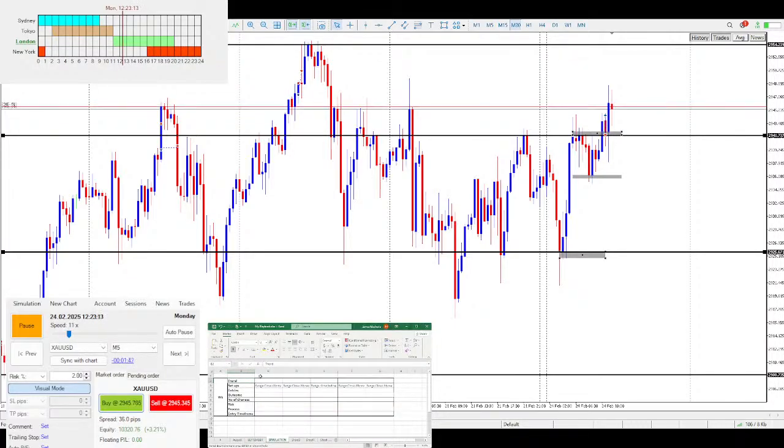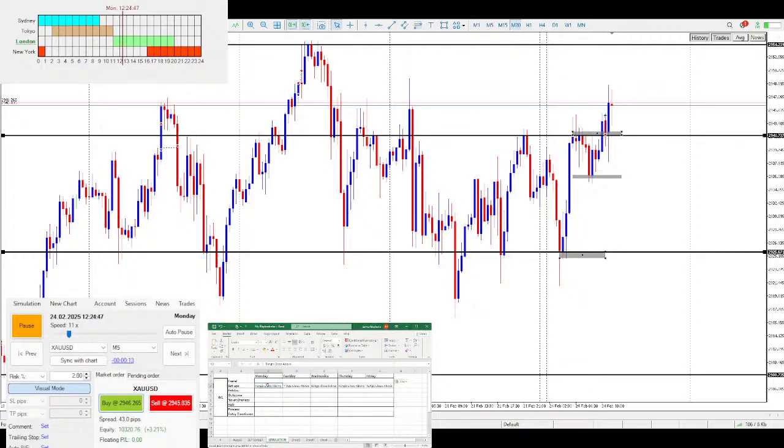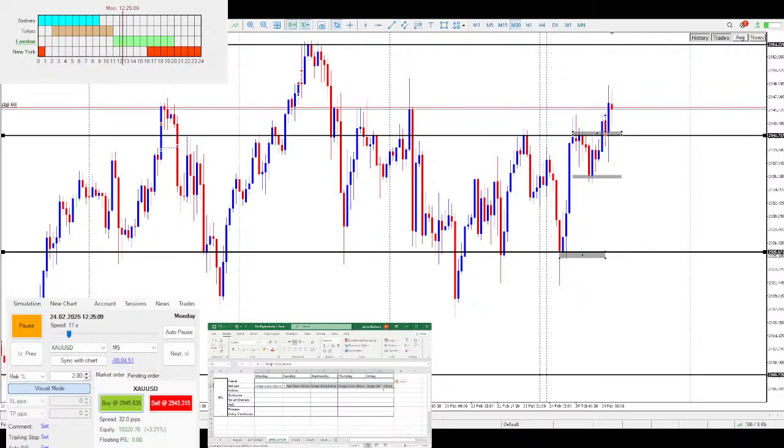So this is where I'm going to record the data. On Monday I took a range cross above entry, based on range cross above. That's one of my entry setups.